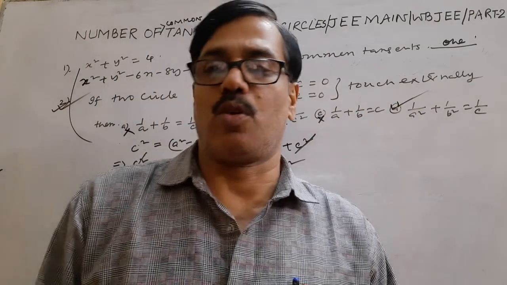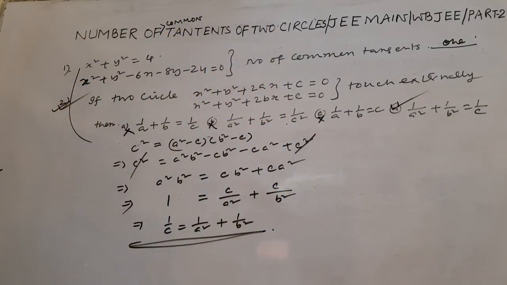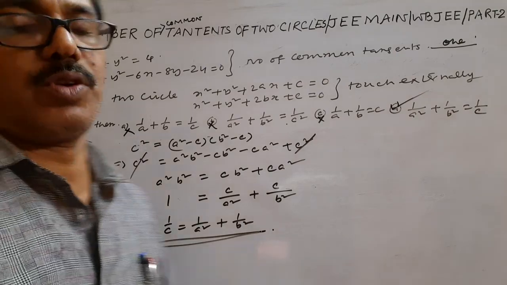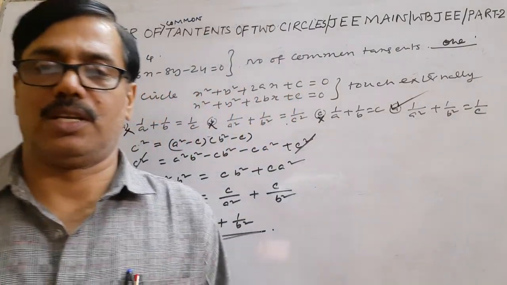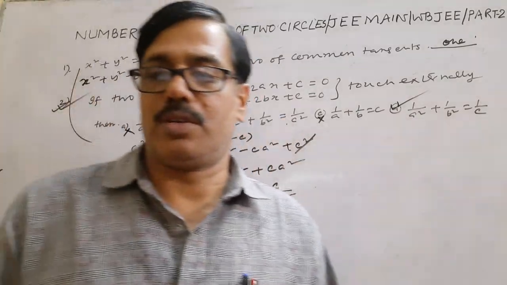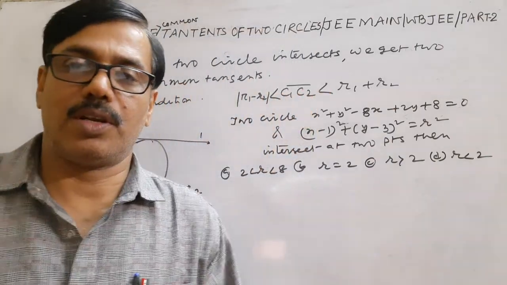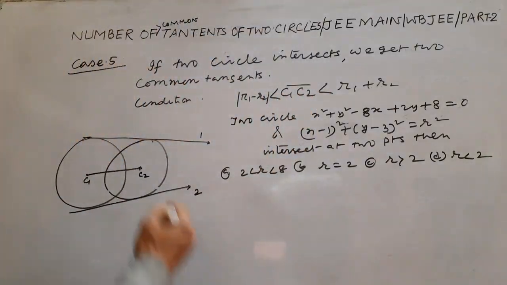Now how many common tangents? Since the two circles touch externally, the number of common tangents equals 3. So this is case 4. Now I consider the last case, case 5.